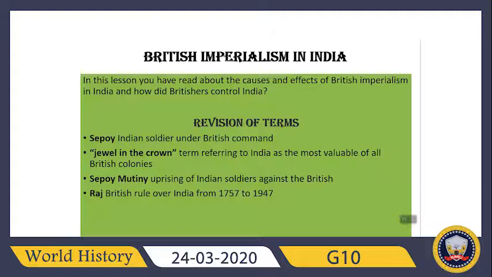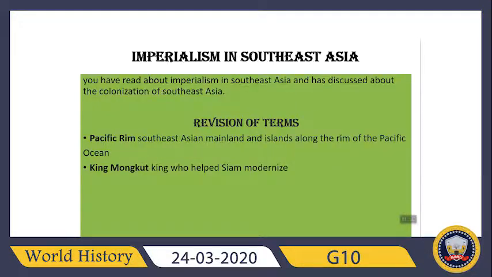Then we have the Sepoy Mutiny, an uprising of Indian soldiers against the British, like a rebellion. And then Raj. This term is used for British rule over India from 1757 to 1947.